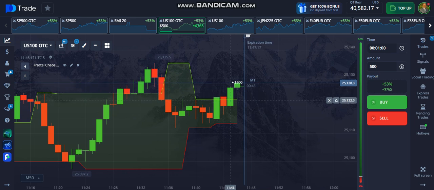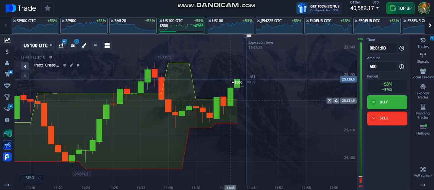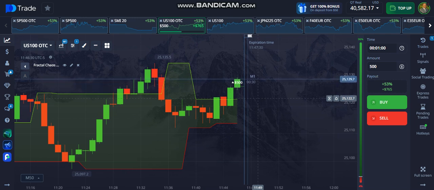Like I mentioned before, wait for that candle to close outside the chaos band area here. Once it does that, it suggests that there's going to be a bullish breakout to the upside. So let's watch this trade.